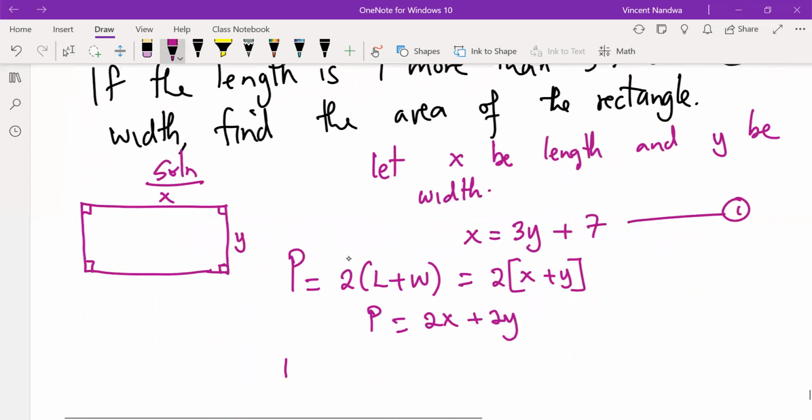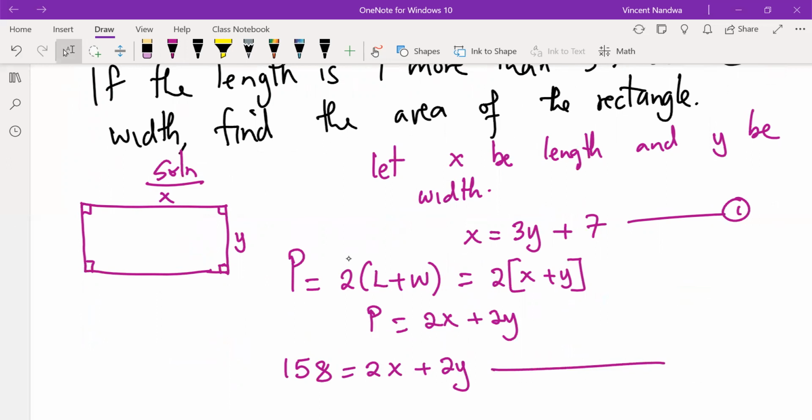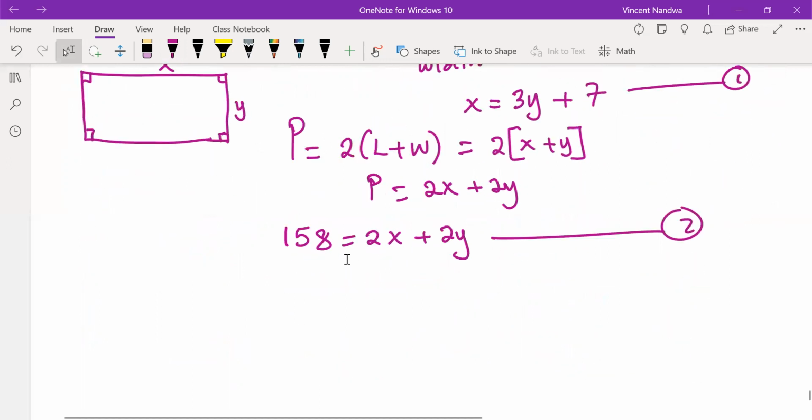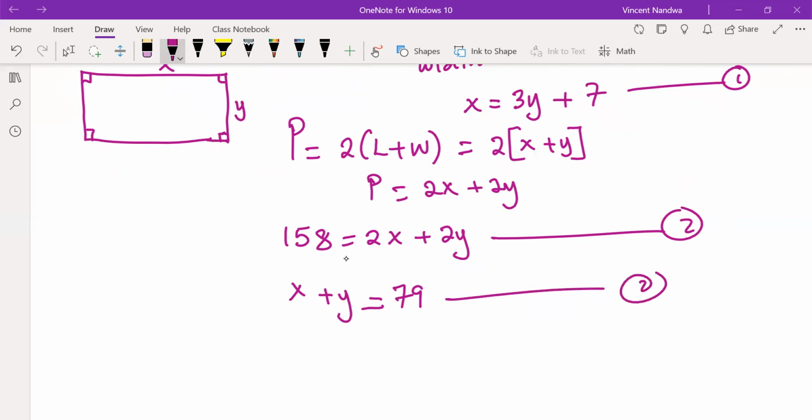So I'll have 158 is equals to 2X plus 2Y. Call this one equation 2. But we can simplify this one further and have X plus Y. When we divide 158 by 2, we get 79. So this is the same equation 2.